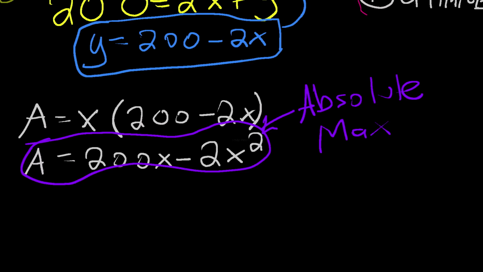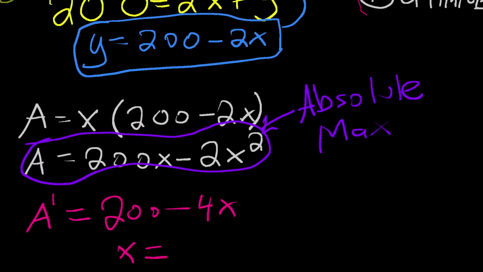Let's do it in a different color. How about strawberry? All right, so the derivative is 200 minus 4x. And if you solve for this guy, you get that x is equal to 50.